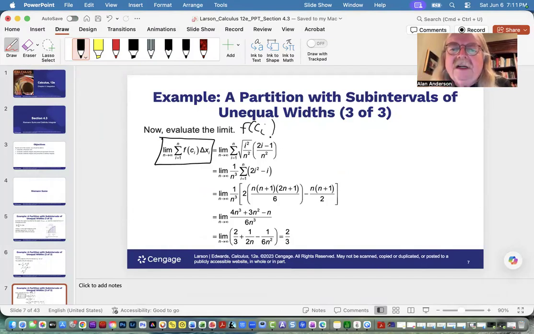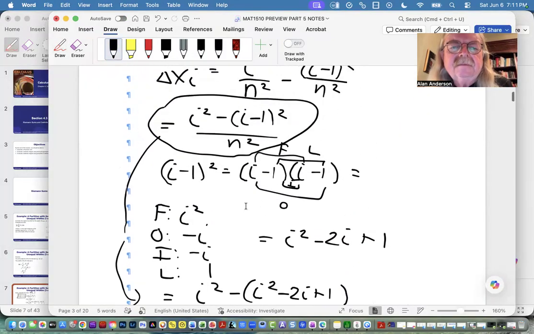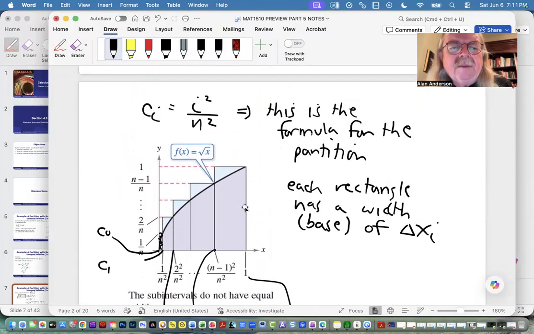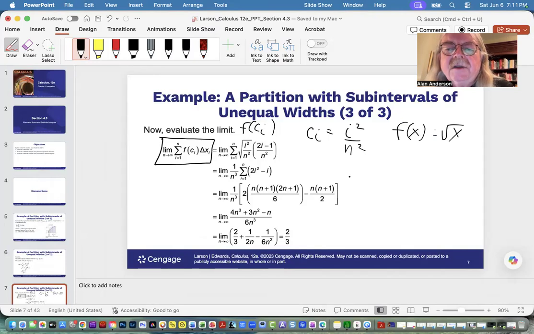It's the square root of i squared over n squared, because remember, c_i itself, which we defined way back here, is i squared over n squared, but the function itself is radical x. So therefore, f of c_i must be the square root of i squared over n squared. That's this piece. And then this piece, which we just figured out ourselves, is the delta x_i.